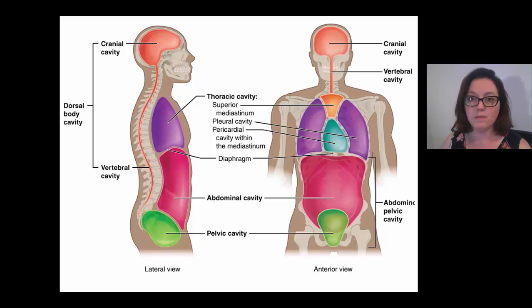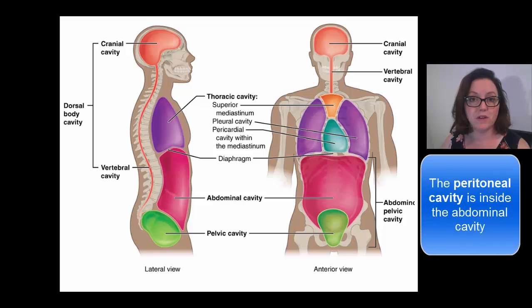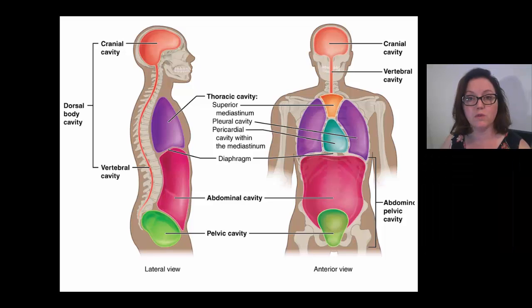The abdominal cavity contains the majority of your digestive organs, so there's a lot of organs in there. And there is another cavity inside of the abdominal cavity, and that's called the peritoneal cavity. And it encloses many of the organs within there.